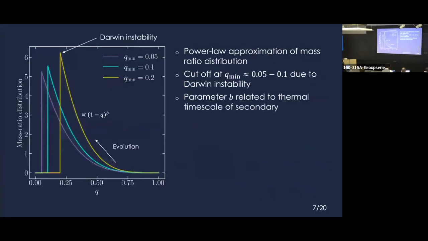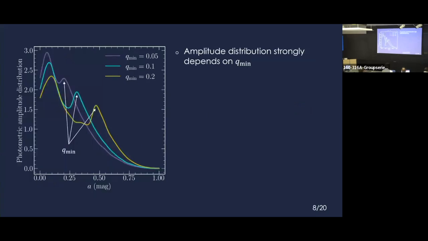Now if you assume some parametric prescription for the mass ratio distribution, for example a power law with a cutoff at the minimum mass ratio, you get a photometric amplitude distribution with a local maximum whose position strongly depends on the cutoff that you choose.